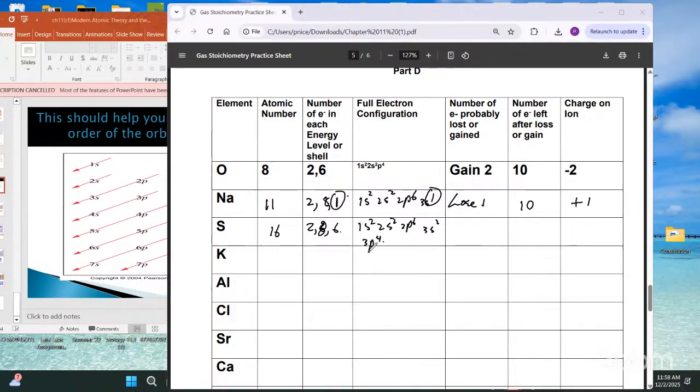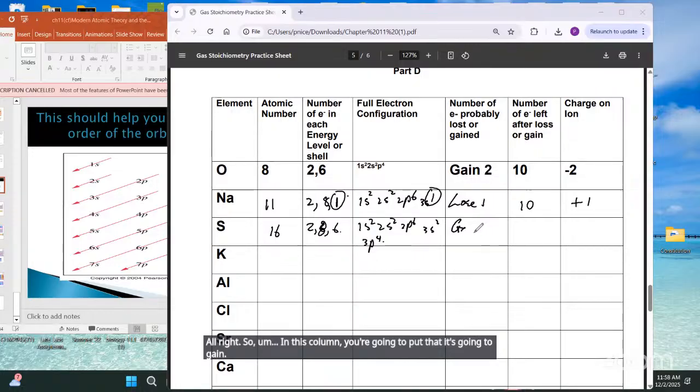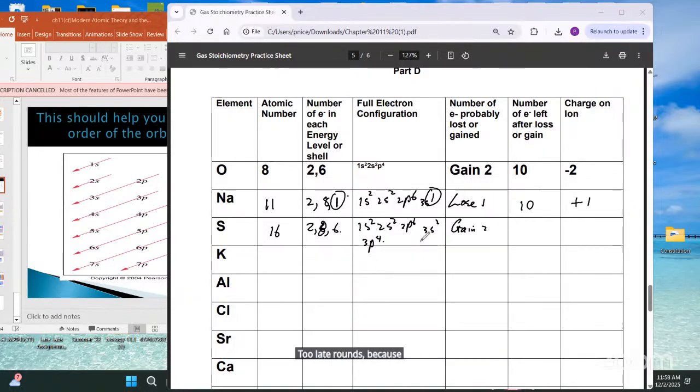All right. So in this column, you're going to put that it's going to gain 2 electrons, because when it gains 2 electrons, it's going to end up with the nearest group 8 element configuration, which is argon. And when it gains 2 electrons, the resulting electron count will be 18. And in terms of the charge, it's going to be -2.